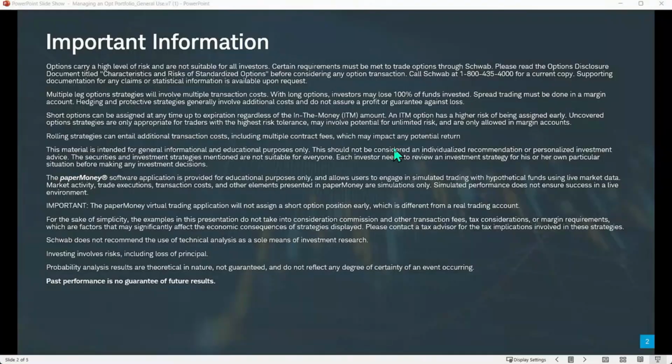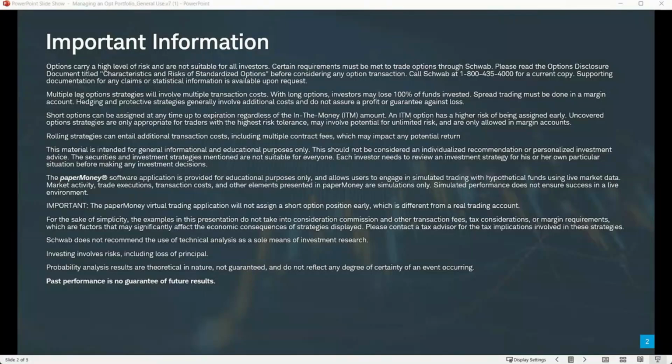Before we get to the main subject at hand, let's hit a few of the disclosures. Options do carry a high level of risk and are not suitable for all investors. Multiple leg option strategies will involve multiple transaction costs. Short options can be assigned at any time up to expiration, regardless of the in-the-money amount. And rolling strategies can entail additional transaction costs.